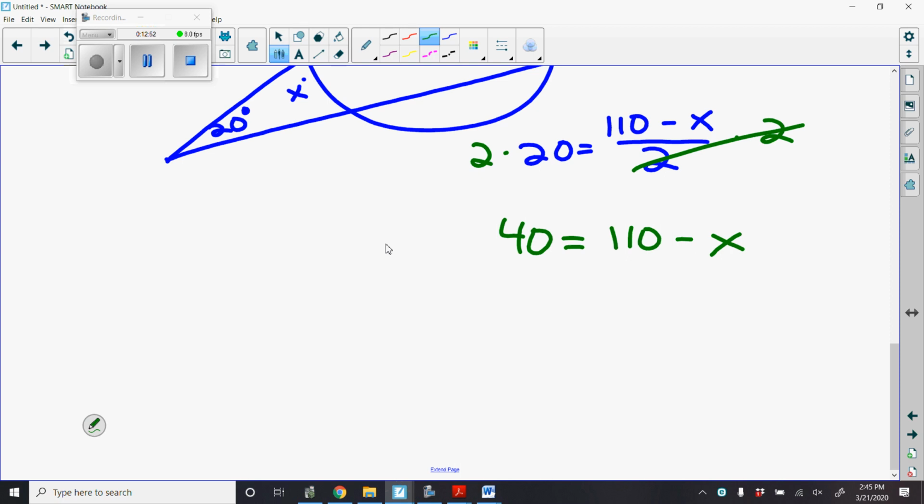Now, what I see a lot of students do when they get here is they subtract 110, and they're like, oh no, I got a negative number. I must have done something wrong. Well, no, because if you subtract 110 here, you will get a negative number, but that negative number equals negative x.